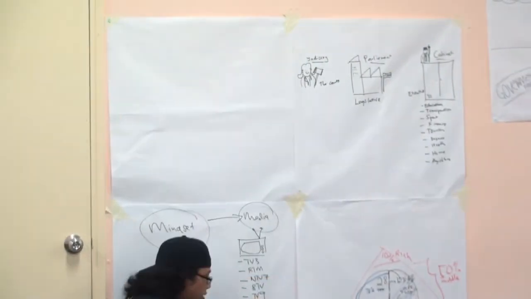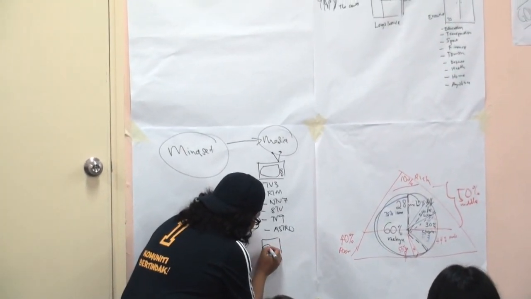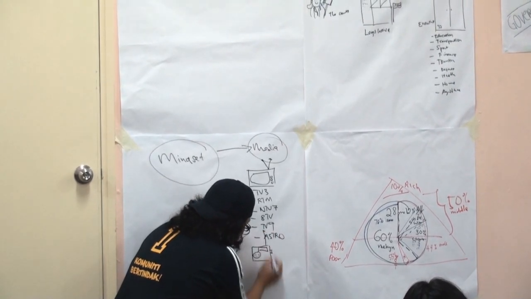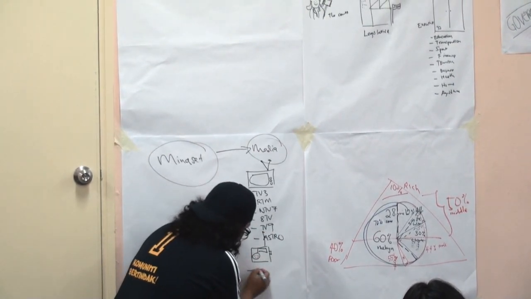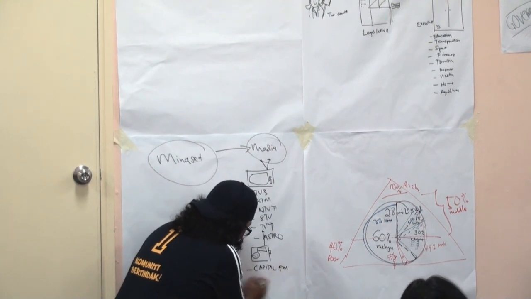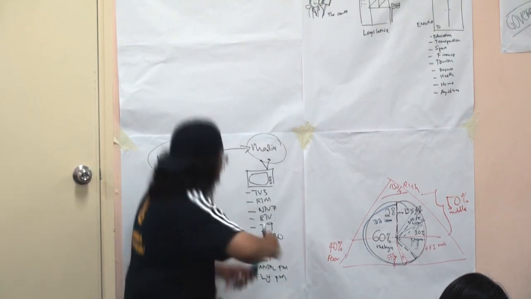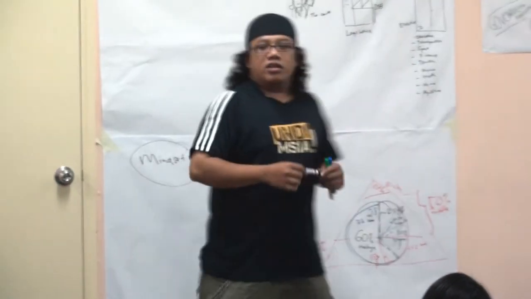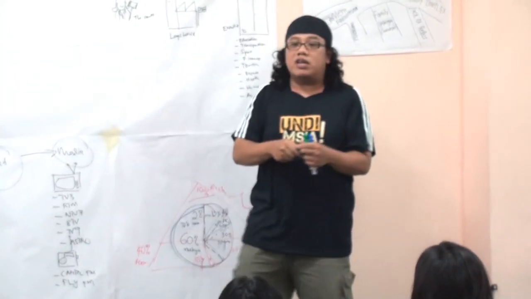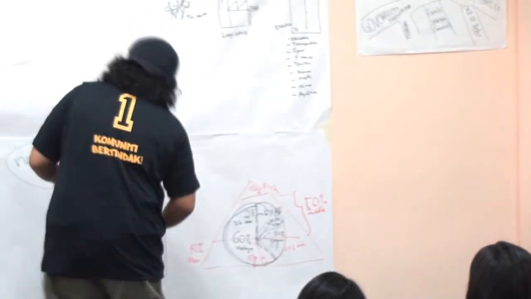So, what radio stations do you have? Right, so we have radio, television. What other forms of media do we have? Newspapers.